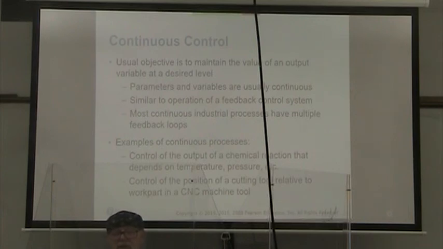Examples: control of the output of a chemical reaction that depends on temperature, pressure, etc. Control of the position of a cutting tool relative to our workpiece in a CNC machine tool. Both of those are going to be continuous, and so the values can be anything between certain numbers.